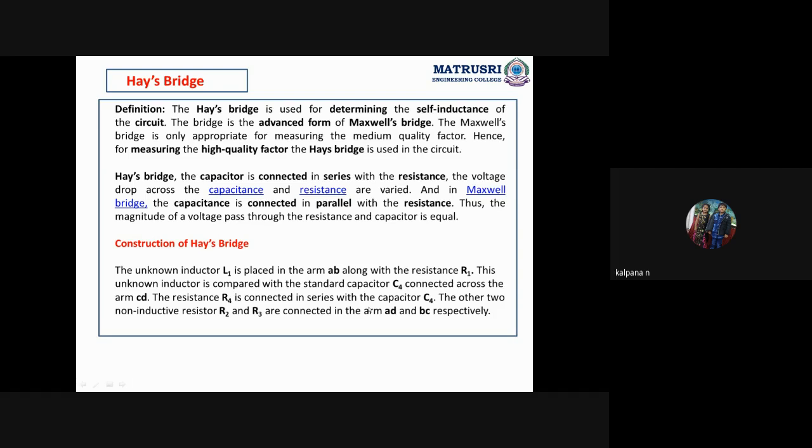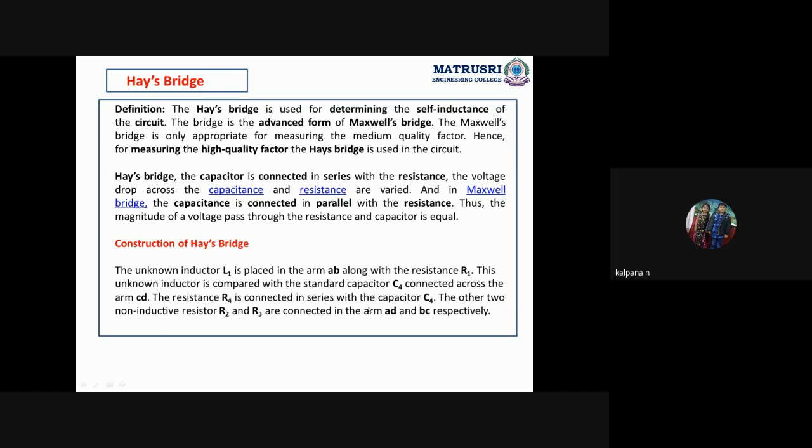If the quality factor of any resonance circuit increases, the Maxwell inductance capacitance bridge does not measure it. So now we need to measure the quality factor of circuits which have a value more than 10. For that purpose we go for the Hayes bridge.